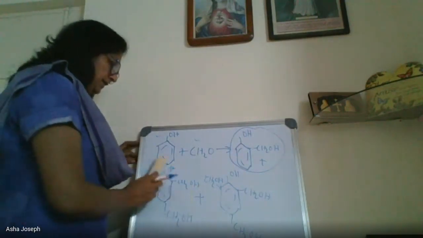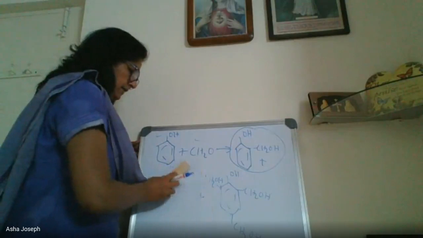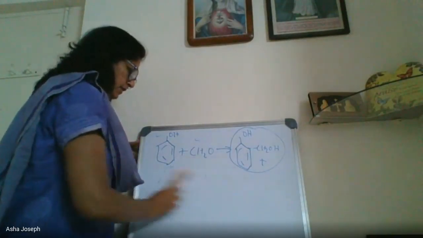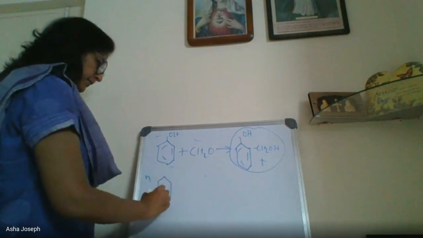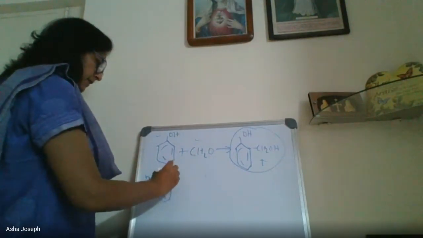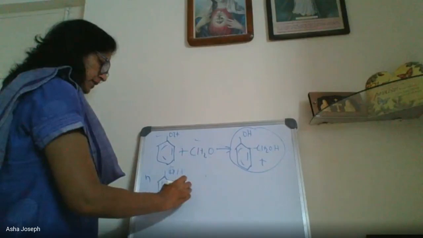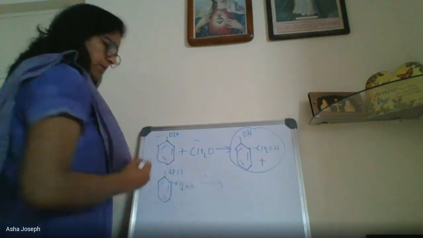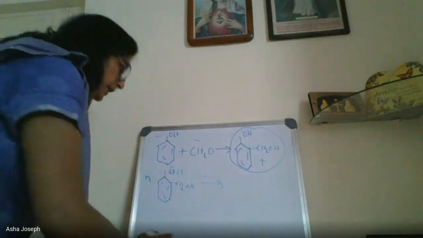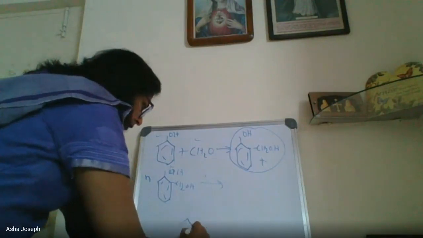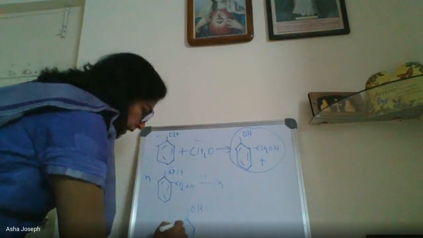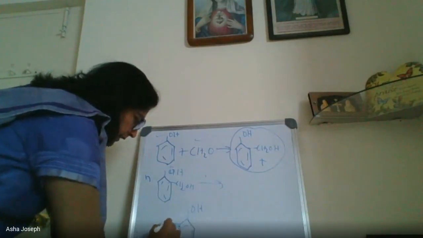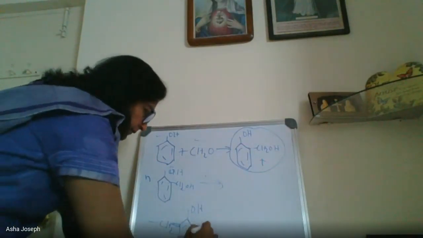So we will take the first one, N times, OH, CH2OH. This undergoes polymerization and I am going to write the polymer. Look here, OH, and this phenol is connected everywhere by CH2.